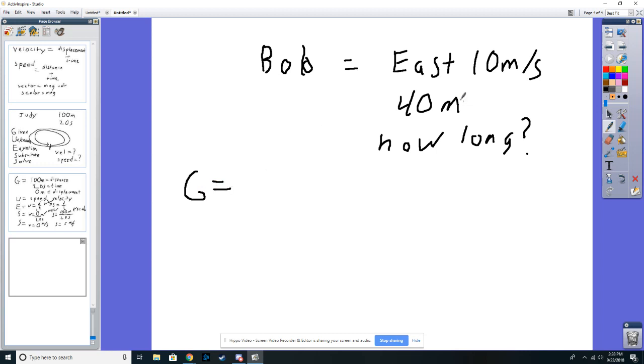What are we given? We are given 10 meters per second east, and we are given 40 meters.